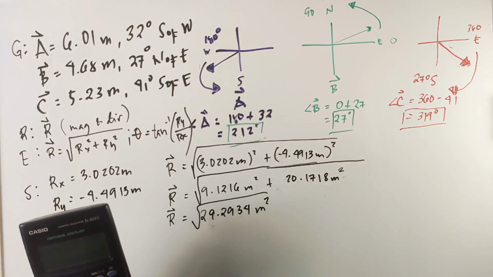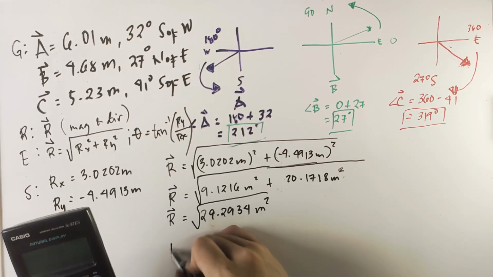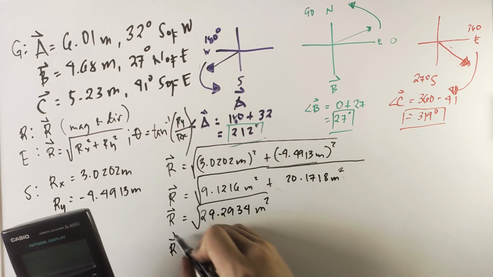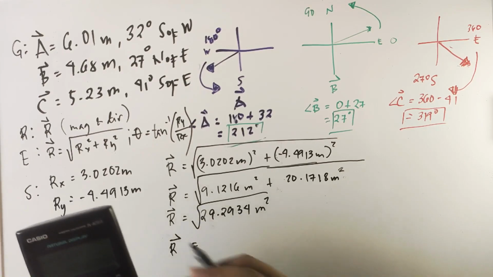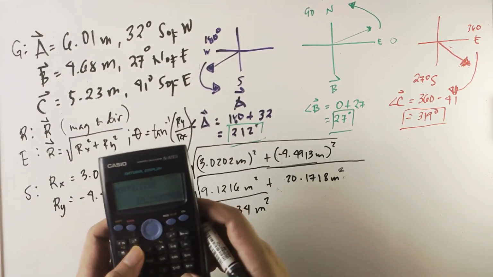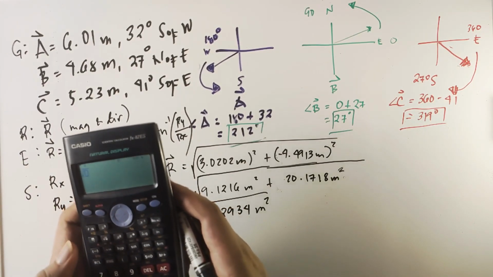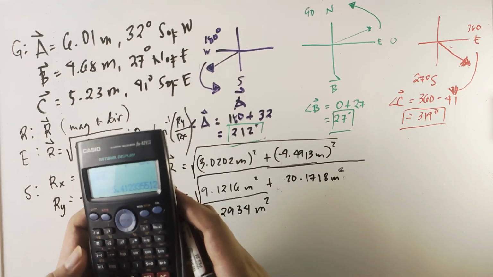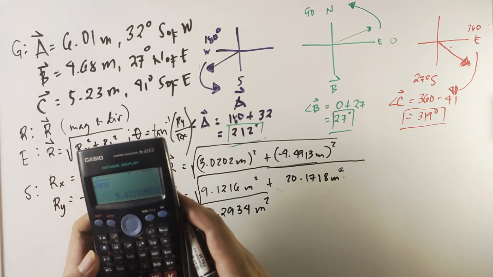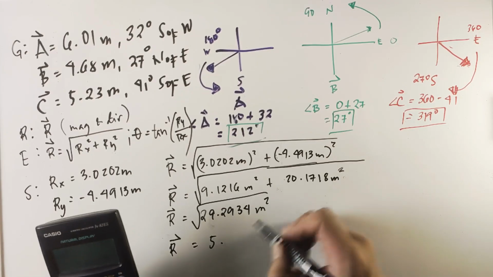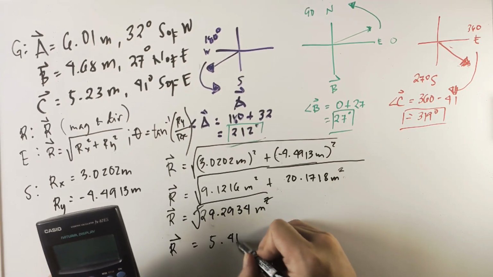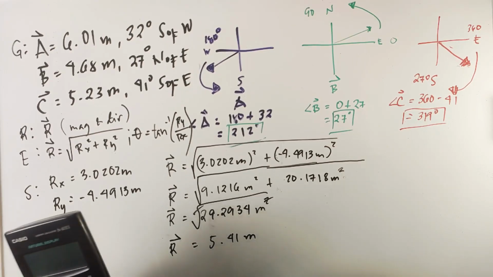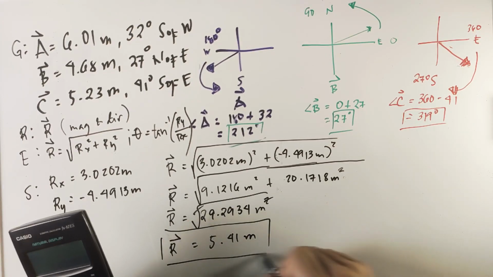Then finally, find the square root. So that would be square root of answer. There, so that's 5.41. So there's your final answer. So cancel the square root. So that's 5.41 meters. Alright, so this is our magnitude.